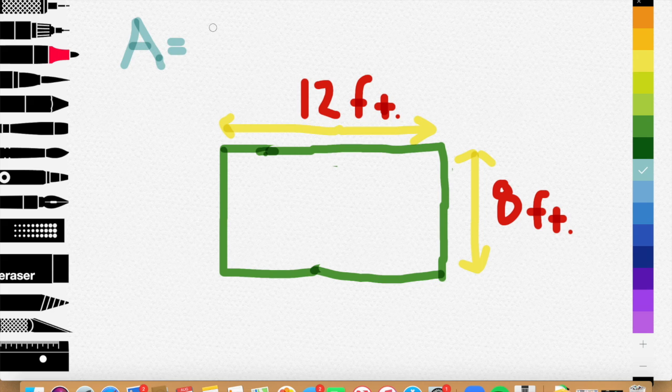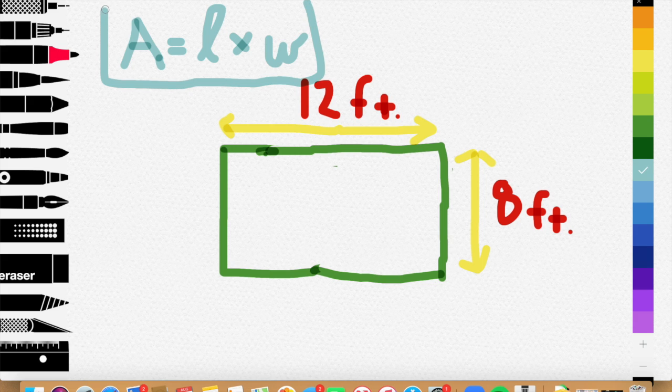A equals L, which stands for length, times W, which stands for width. So area equals length times width. That's what this says right here, guys. If you start writing out formulas like this, I'm going to be a very happy teacher.